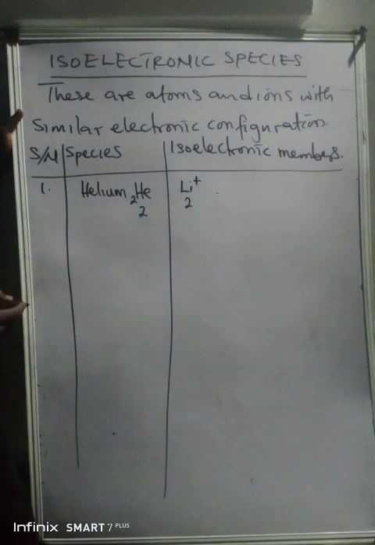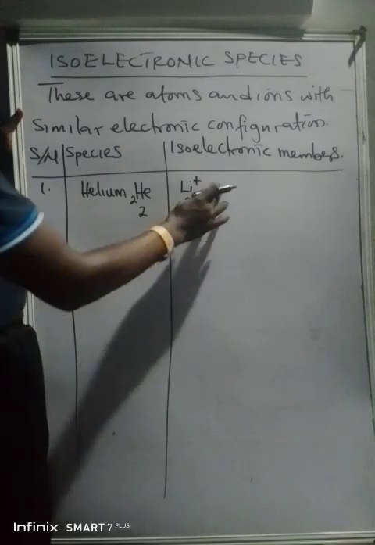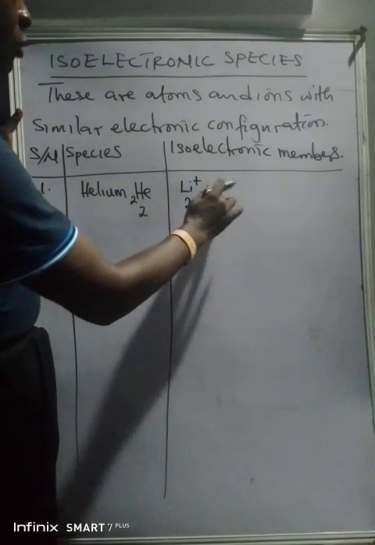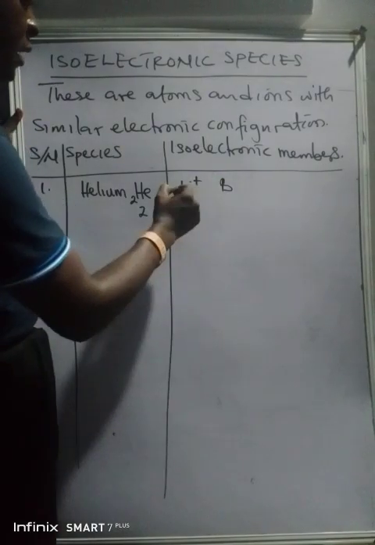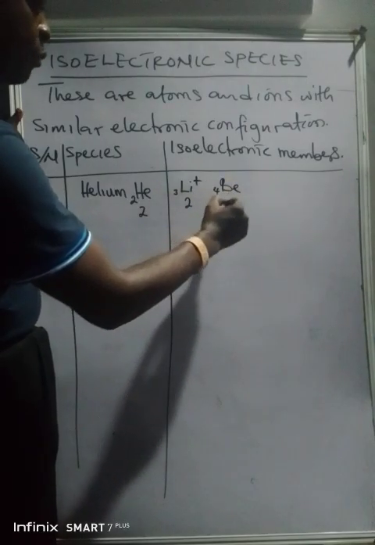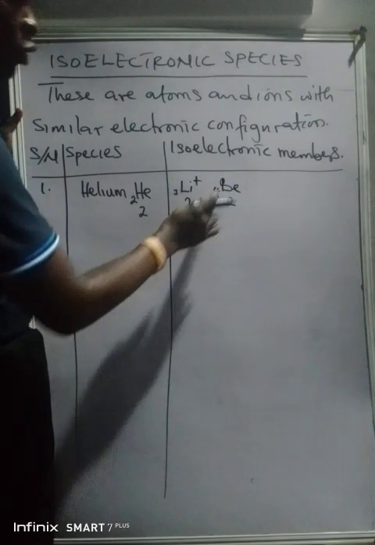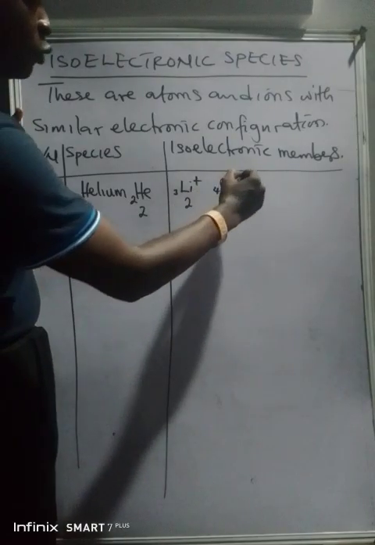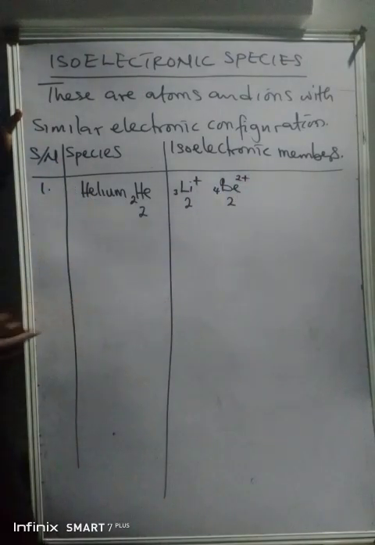After losing, it was 2, 1 before. So then another one is beryllium, Be4. Be4 now is also 2, because it's Be 2+. It has lost 2 electrons. It was 2, 2 before.